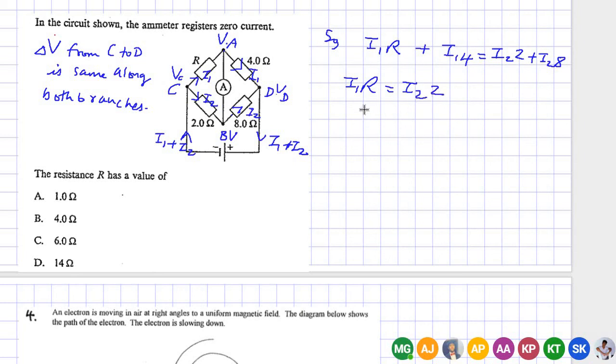So from this you got the second equation which you want. So you now get I1 is equal to 2I2 by R. Now you can substitute that here in this equation wherever you have I1.